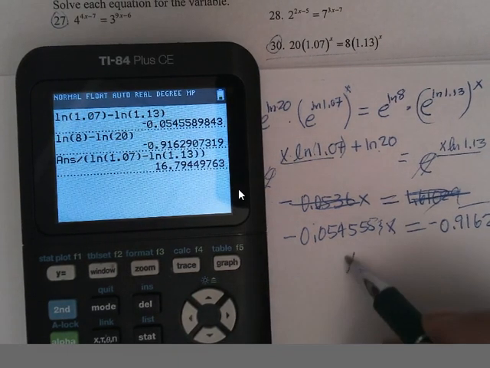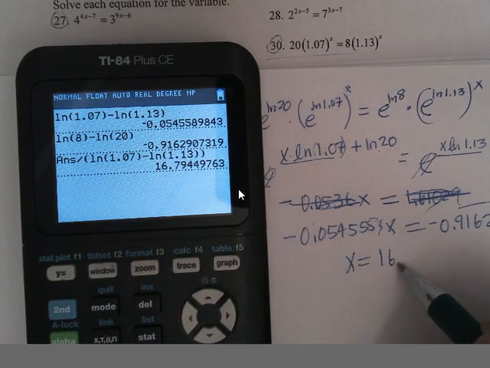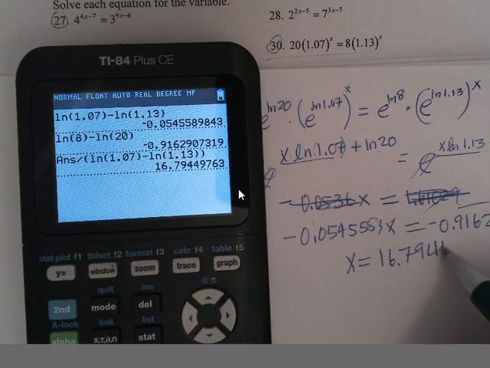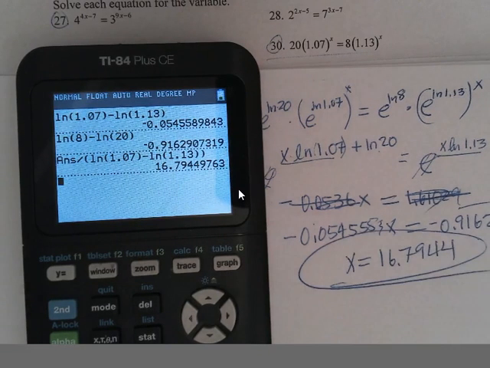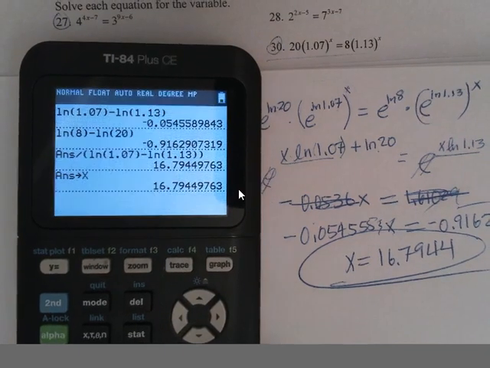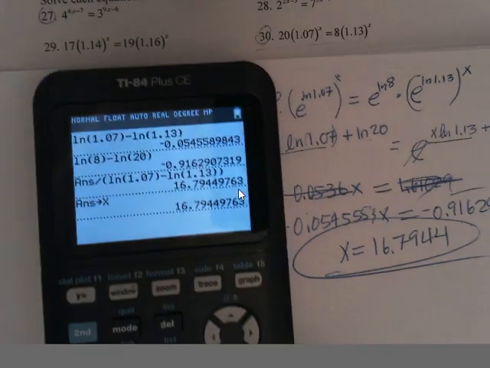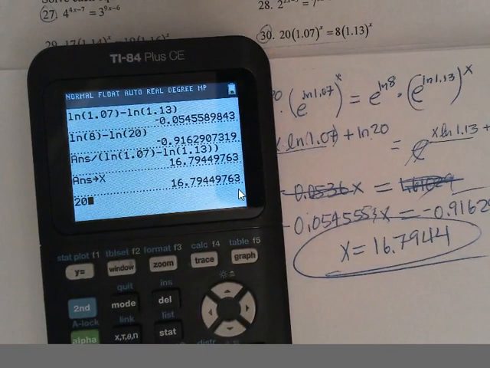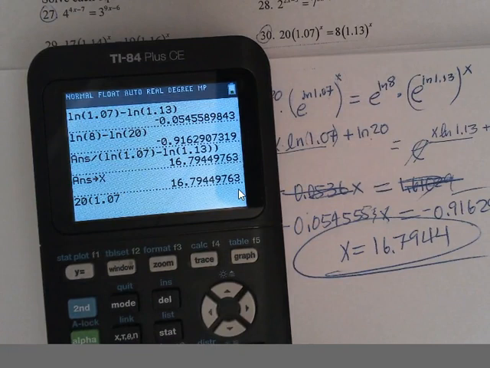So x should be 16.7944. I can store that in x, and then I could type in my original problem, 20 parenthesis 1.07 to the x.